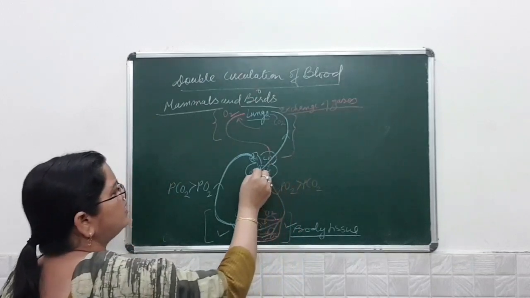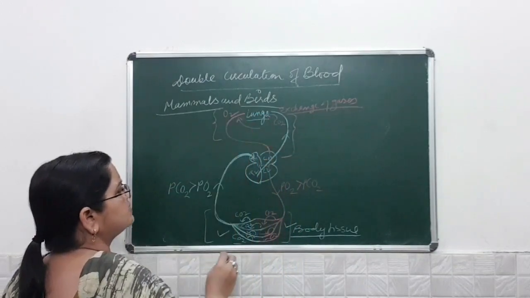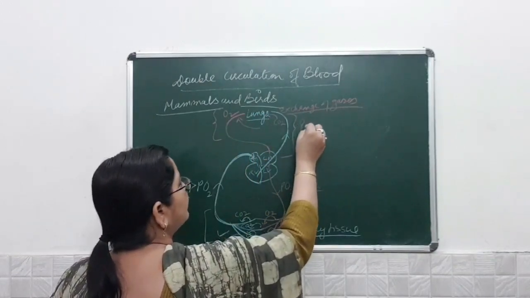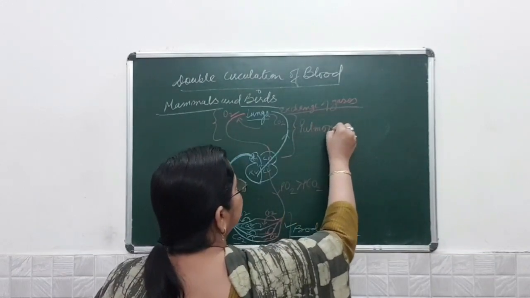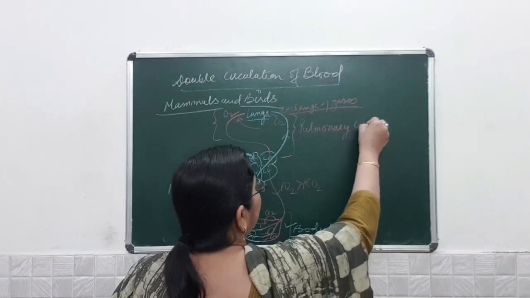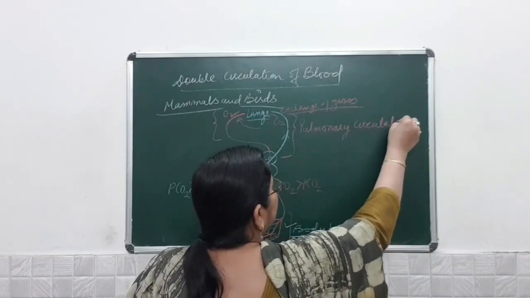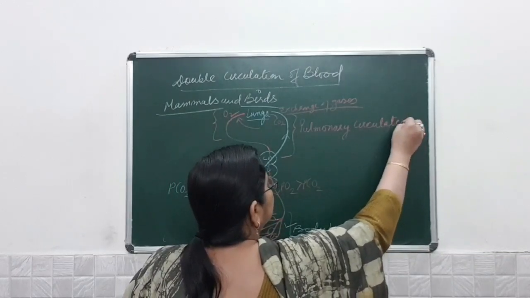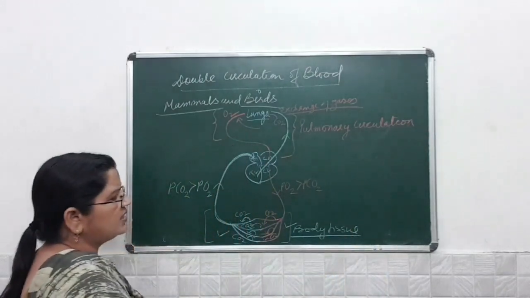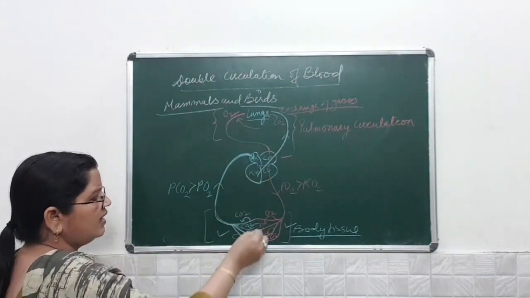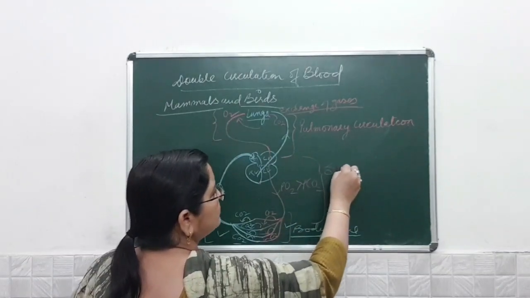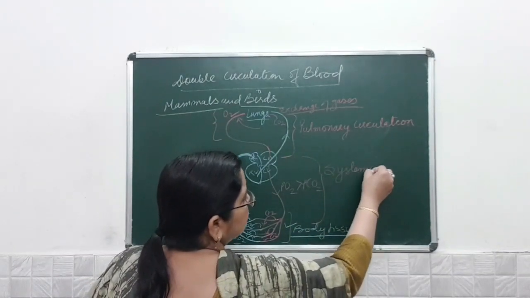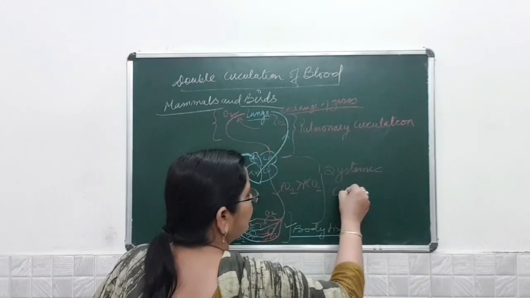Circulation between heart and lungs is known as pulmonary circulation. And circulation between heart and body tissue is known as systemic circulation.